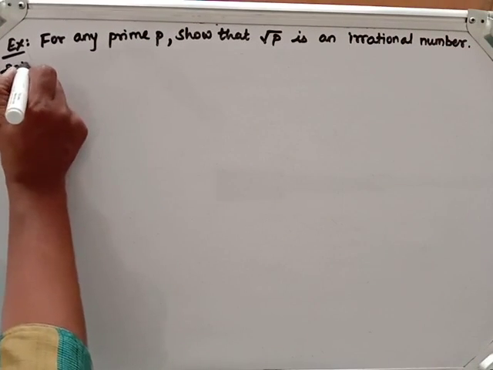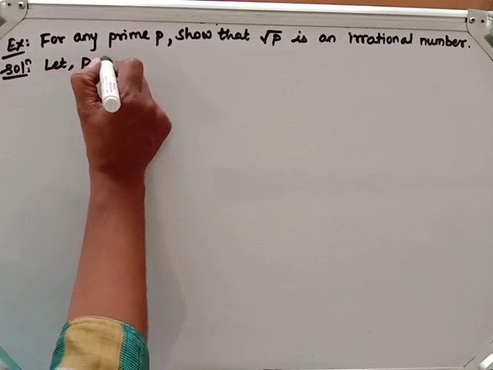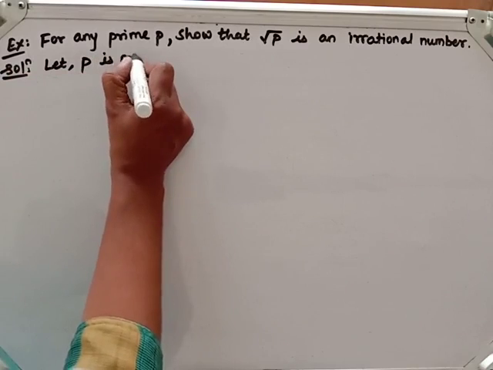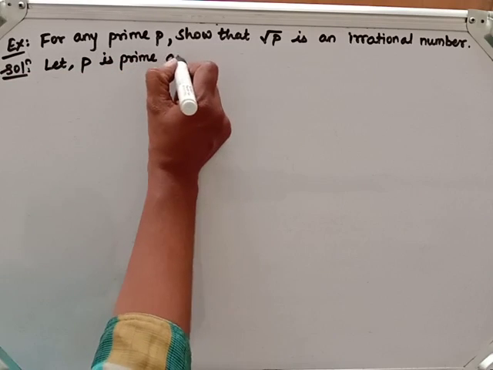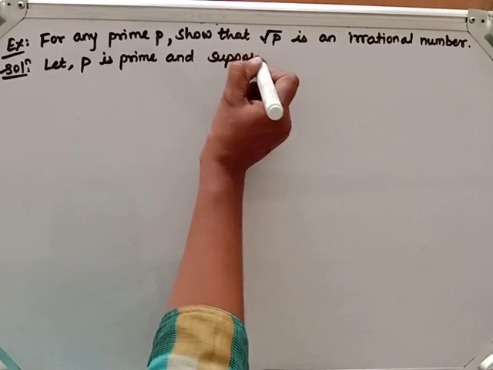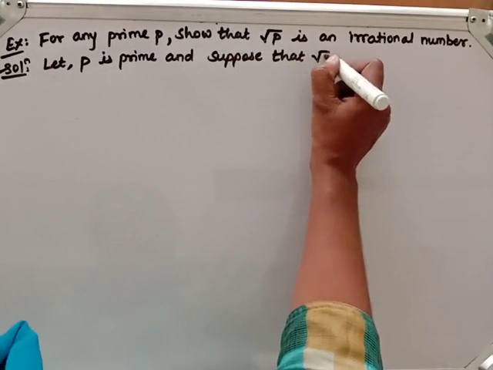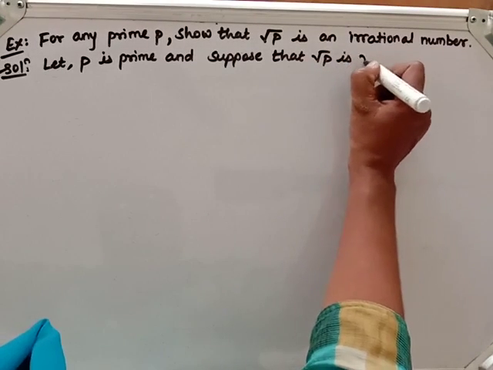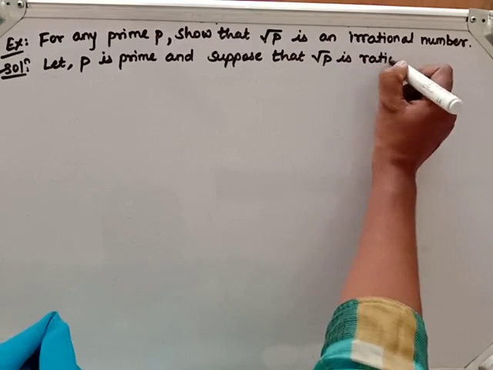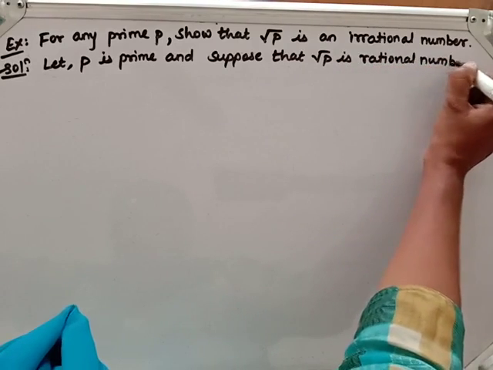Solution of this one: let P be prime, and suppose on the contrary, as we proved with the help of contradiction, that square root P is a rational number.